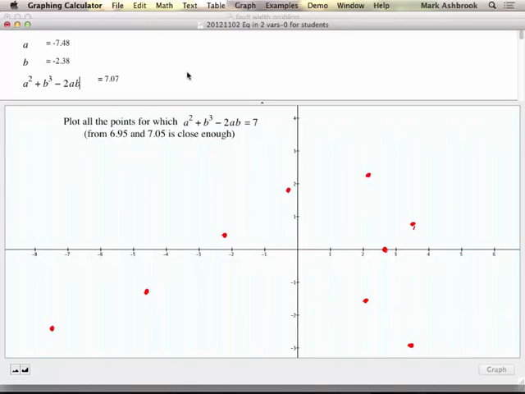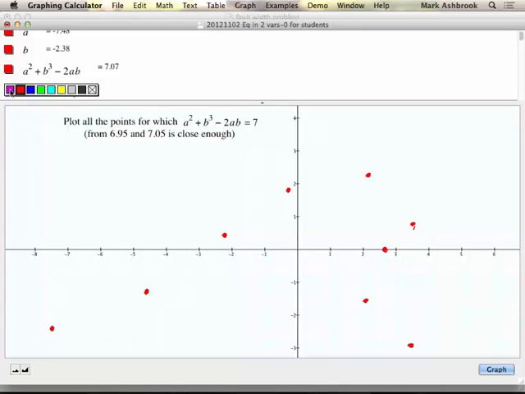What are we really saying? We're really saying we want what? We want x squared plus y cubed minus 2xy. And what do we want that to be? Equal to 7. So if I graph this, what's going to happen?